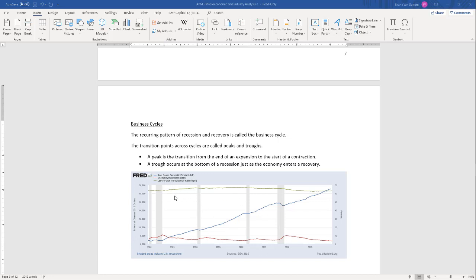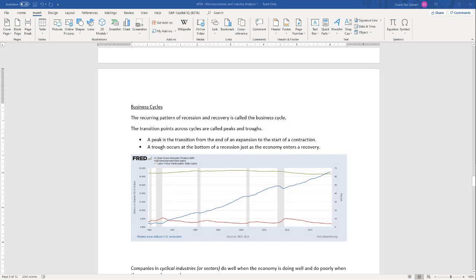The real gross domestic product on the left-hand side is in billions of chained 2012 dollars, so it's based on 2012 values. The percent unemployment rate and labor force participation rate is on the right-hand side, and we'll talk about all of those as we go through this.